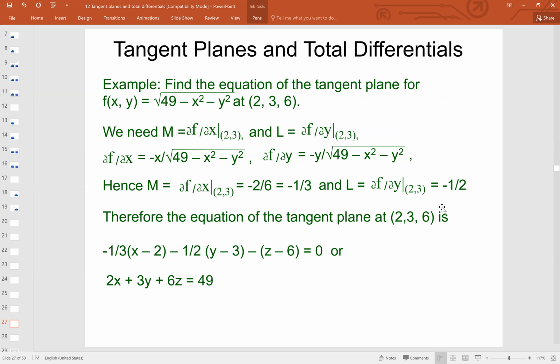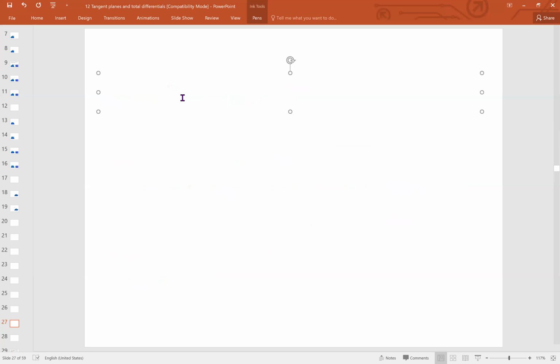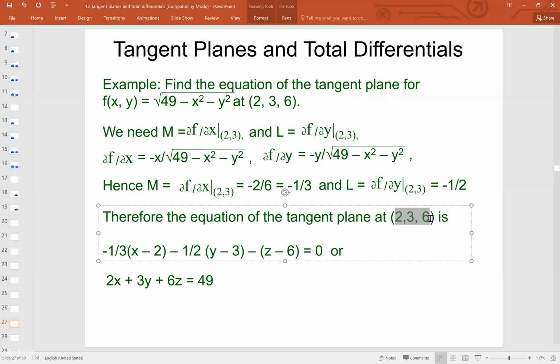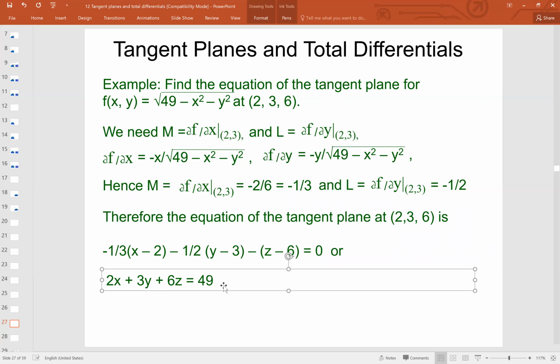I'll leave it to you to visualize this. The formula is a semi-sphere with radius 7, and this point sits on that sphere in the first octant. You can look at it to justify that this is reasonable as a tangent plane at the point (2, 3, 6).